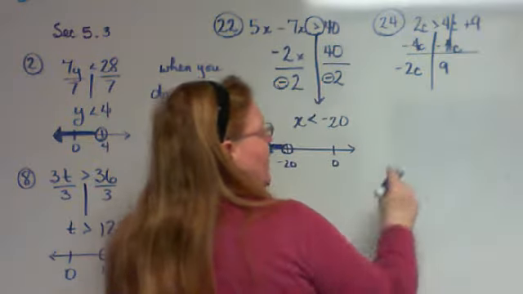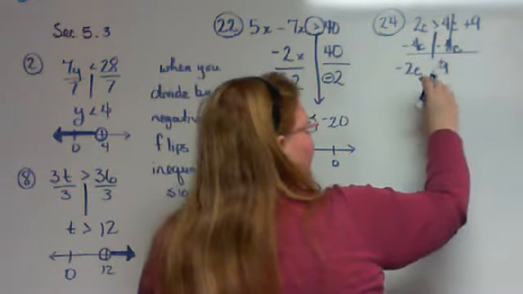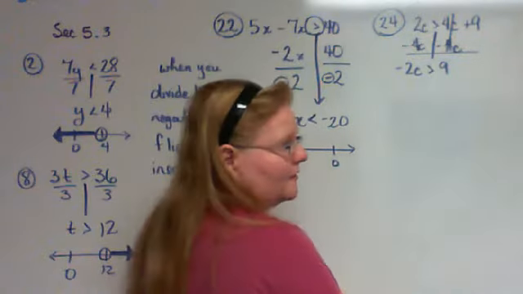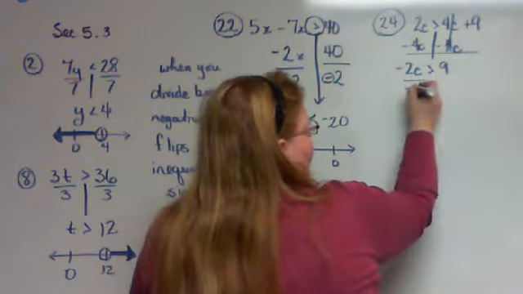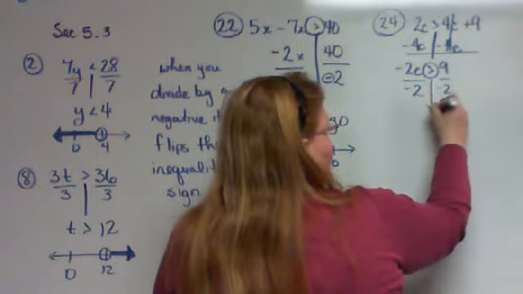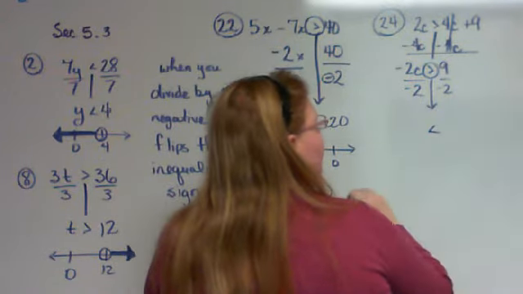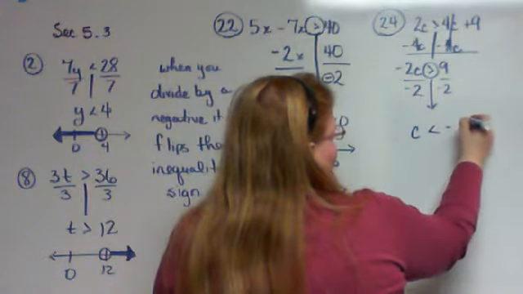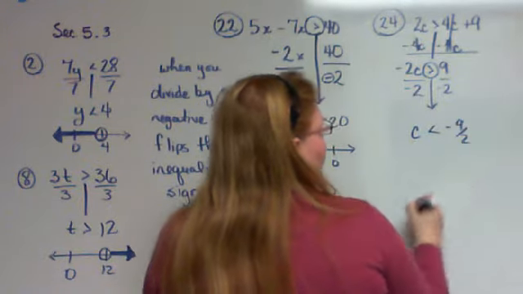Now I have to divide by, and right here, just so you understand, this symbol still goes that way. It's the act of dividing by the negative 2 that flips my symbol over to being less than. So now I have a c and a negative 9 over 2.